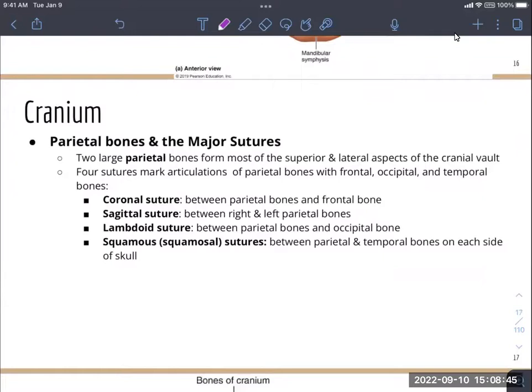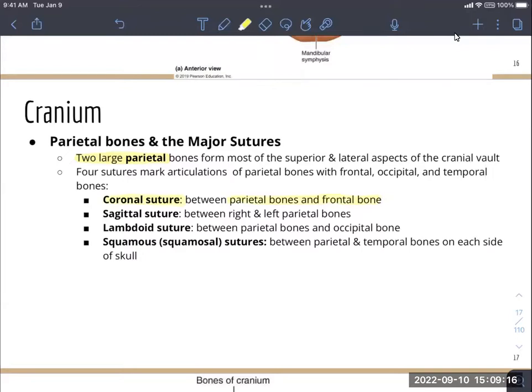As I said, we have 2 parietal bones. They sit just behind the frontal bone. They have 4 different sutures. The coronal suture is between the parietal bones and the frontal bone. If you remember, that coronal plane cuts you into a front and a back.